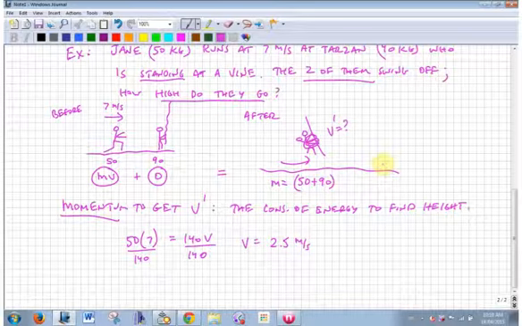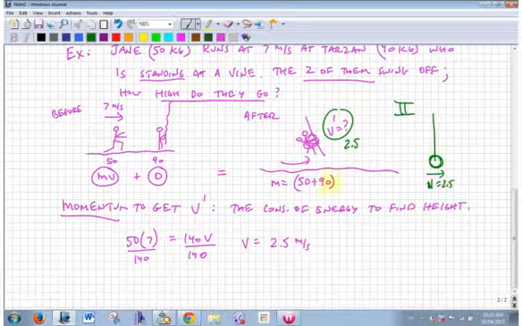So that's part 1. Part 2. Here, at the bottom, they have a speed of 2.5. Let's pretend they're a pendulum. Okay? And how high are they going to swing to? I just did this problem.